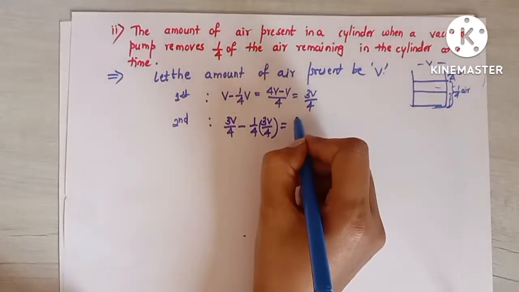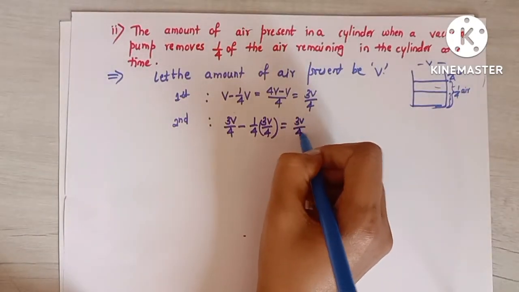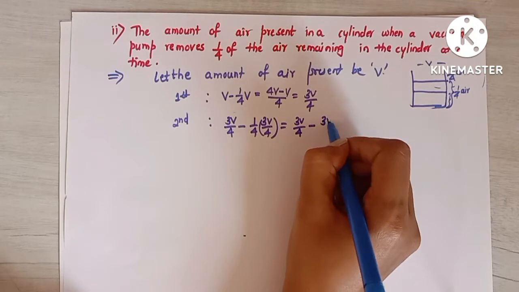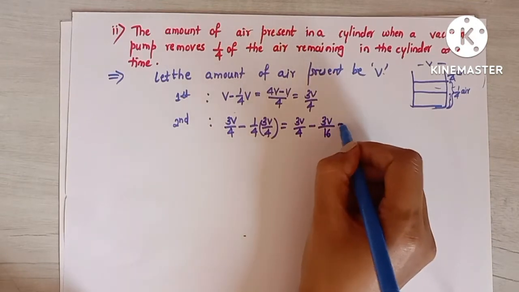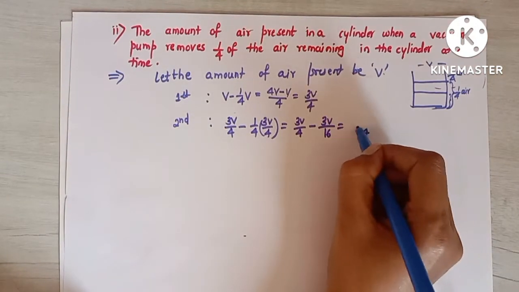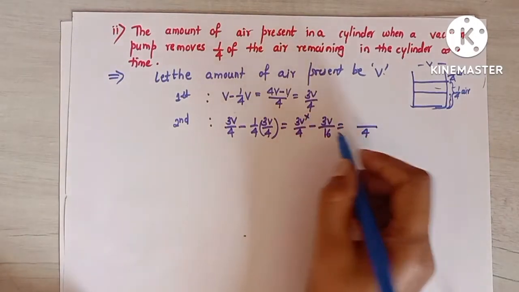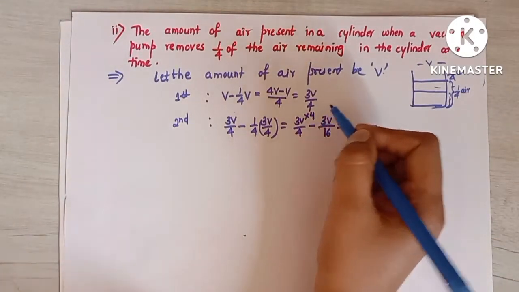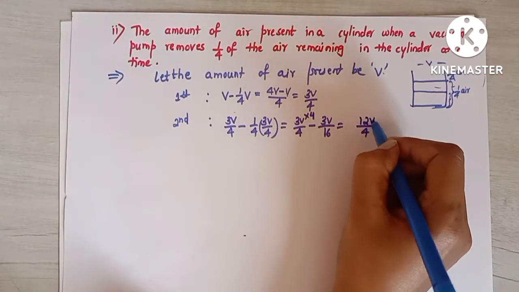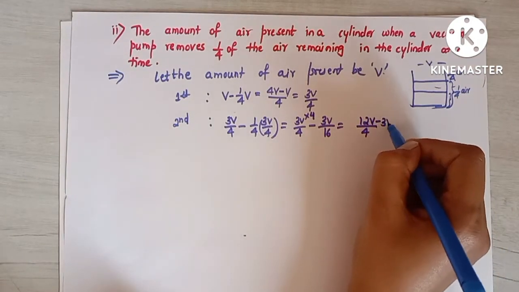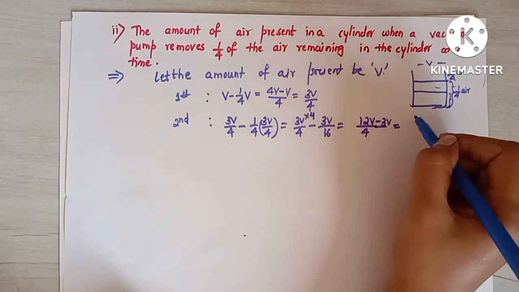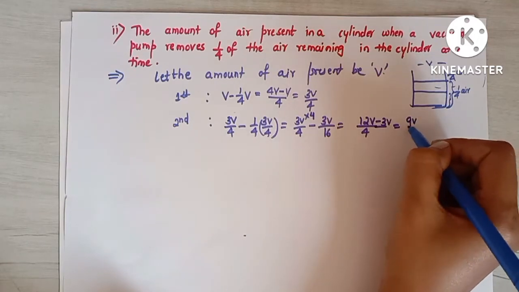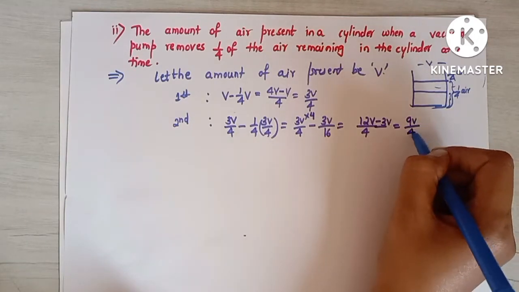So this will be 3V divided by 4 minus 3V divided by 16. The LCM is 16, so this will be 12V minus 3V, which is equal to 9V divided by 4.